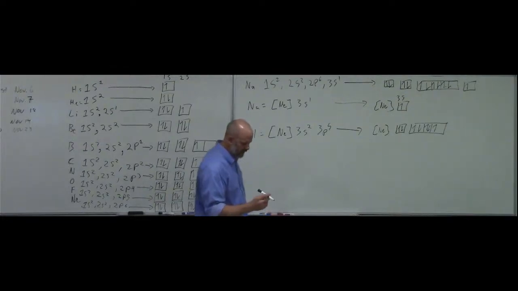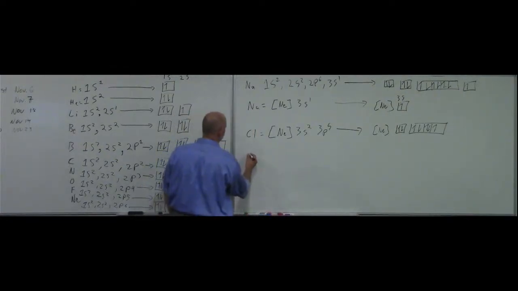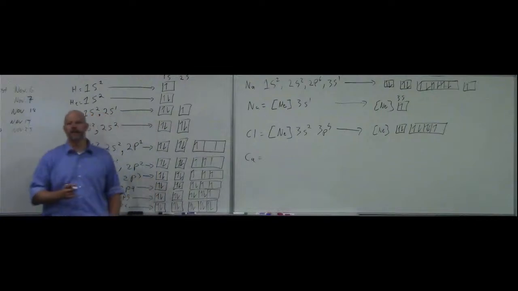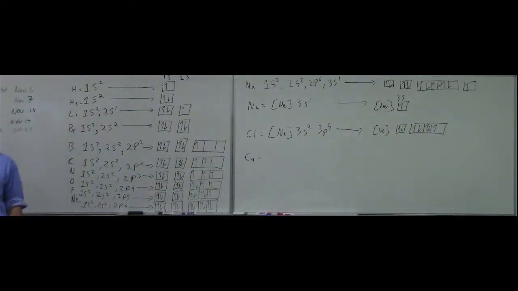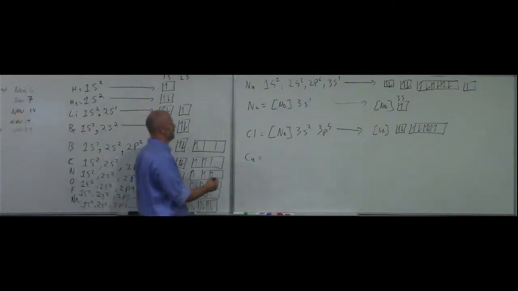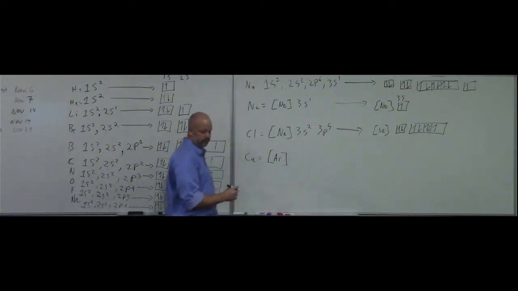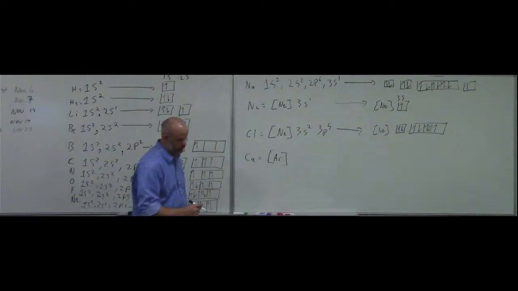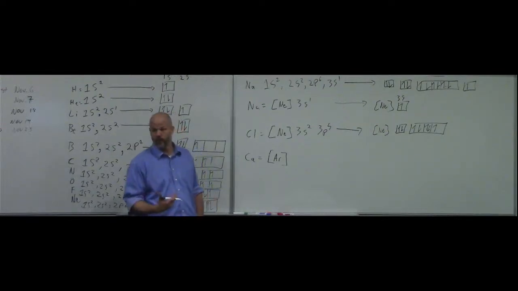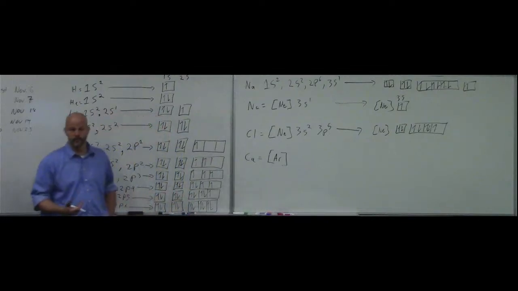Let's do calcium. What's the preceding noble gas? Argon. So calcium, I'm going to do argon. And now? Where's that on your periodic table? 4.